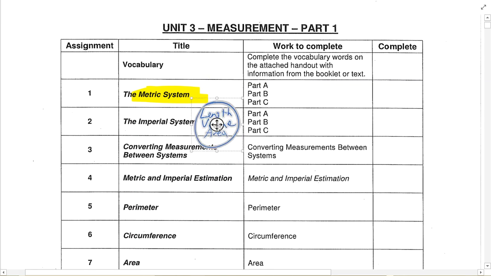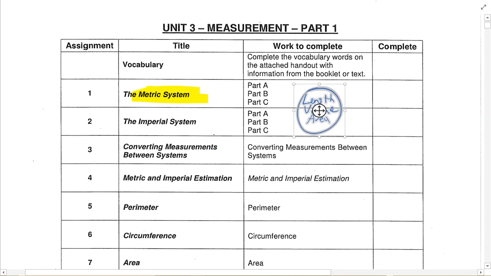So for all of what we're doing today, we're going to be looking at length, volume, and area in both types of systems. Then we'll be converting between the systems, which is so common for us to have to do. Everyone's probably going to be using an oven, and you've got to go between Celsius and Fahrenheit. We'll be talking about some estimations, so kind of the distance, what units to use.